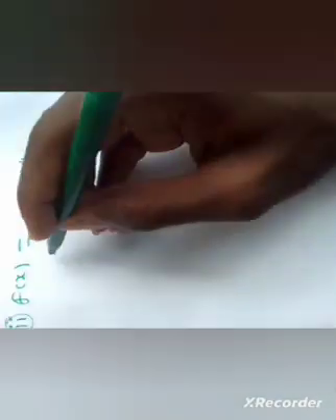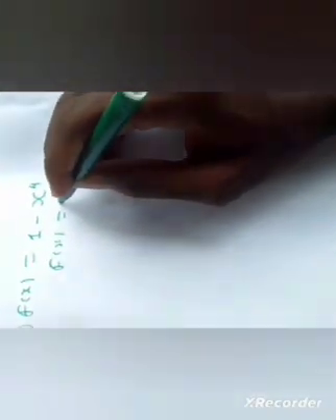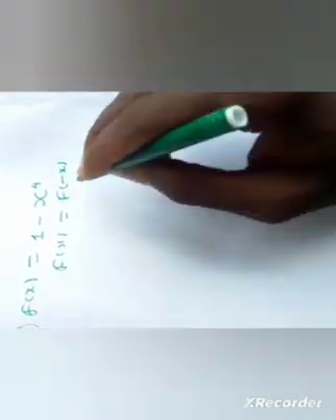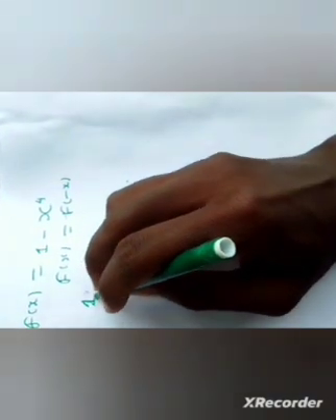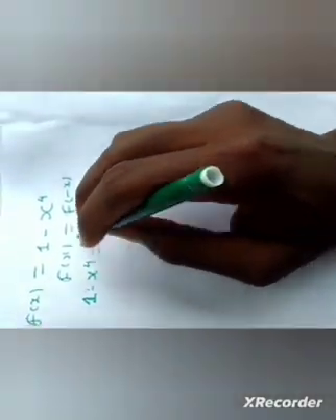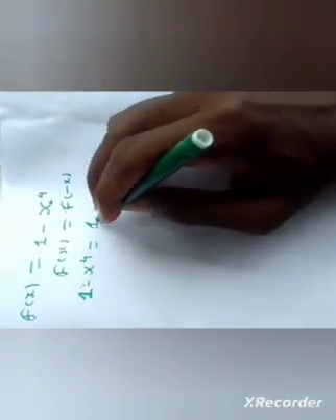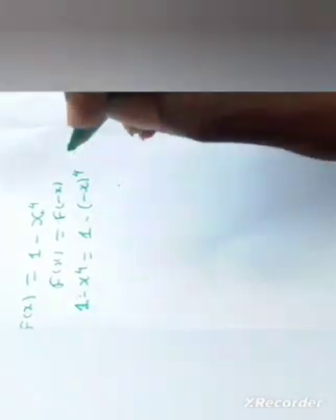Yeah, so let's go on to the second question. Likewise, let's see if it is odd. If it is odd, it means that this condition is going to be met. So the original function, where there is x, substitute negative x. So it's going to be 1 minus negative x to the power of 4.